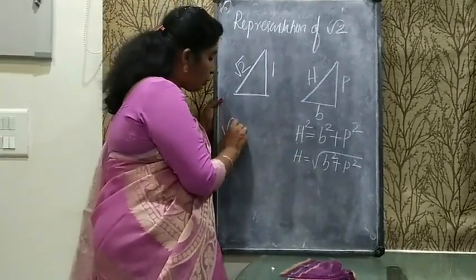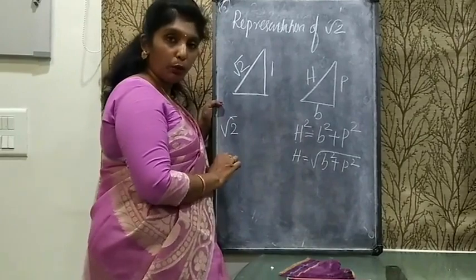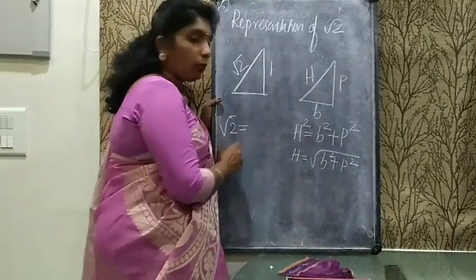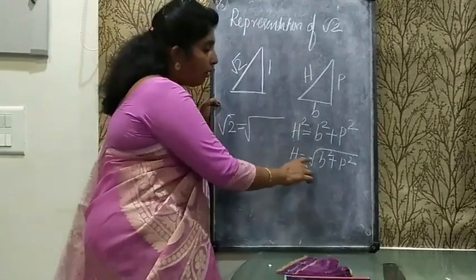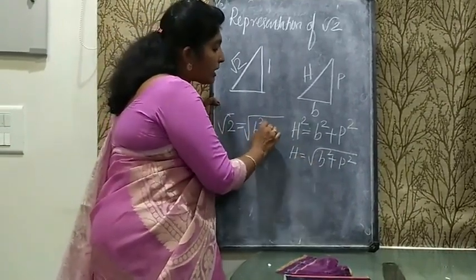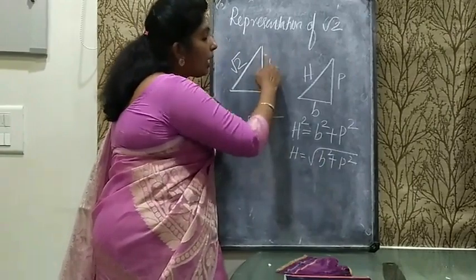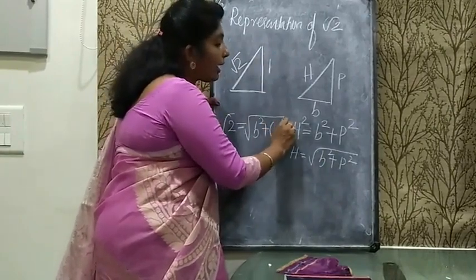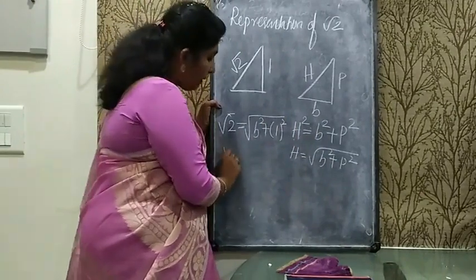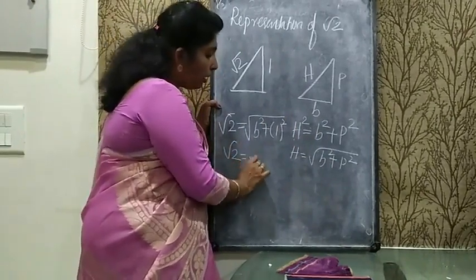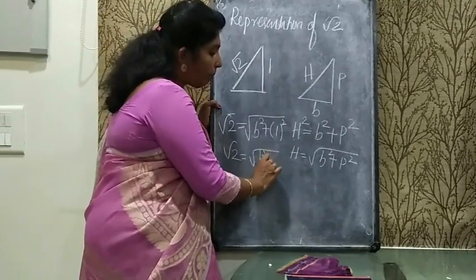Hypotenuse means root 2, that is equal to under the root base square plus perpendicular square. Perpendicular I already told, always I will be taking as 1. So perpendicular square means 1 square.